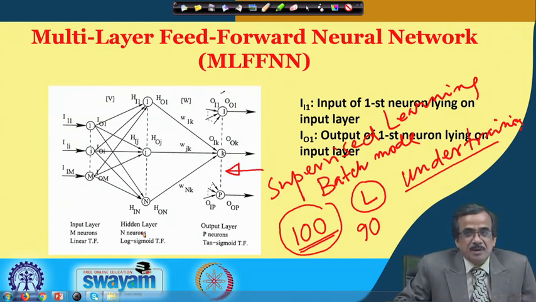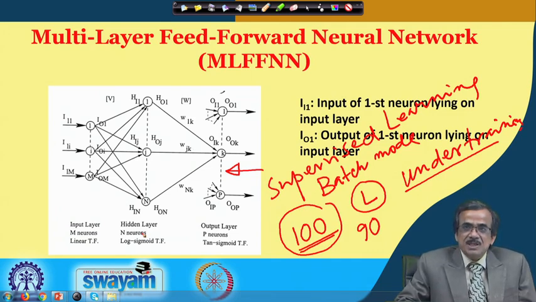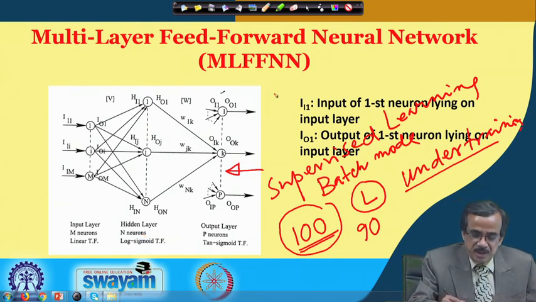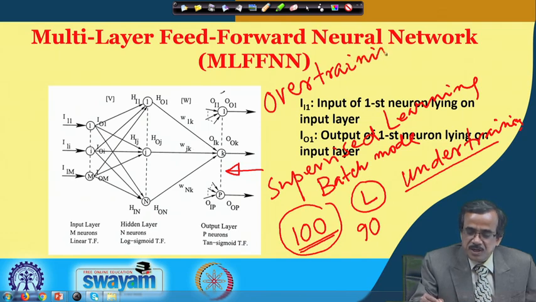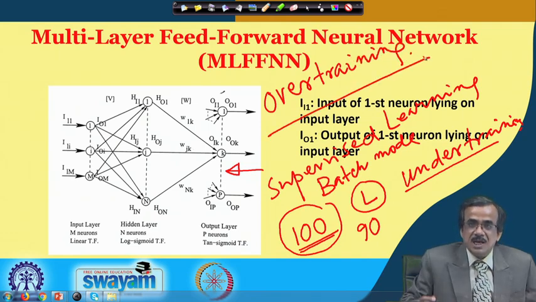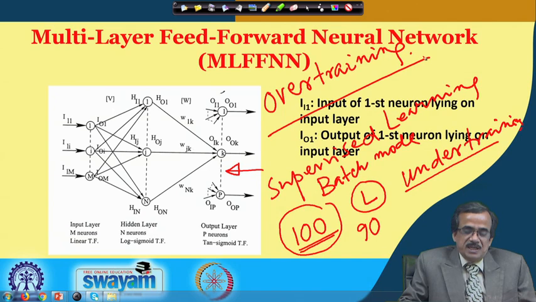Will this network give a very good performance? The answer is no. Here there will be some sort of overtraining. This overtraining is also not good for this network, and the reason I am going to discuss in detail.